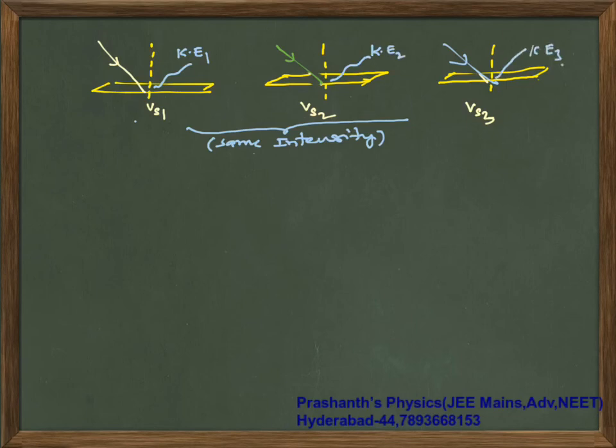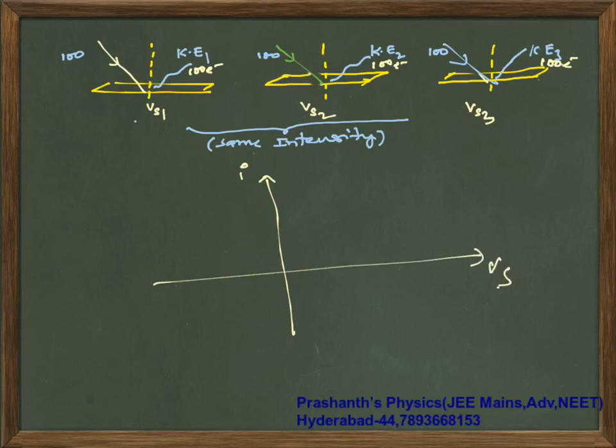Previously also the ejected electrons' kinetic energy was different, but the same intensity indicates the same number of incident photons. If 100 photons are striking here, also 100 here, also 100 here, then obviously 100 electrons are coming out of each. Now if you try to draw the graph of current versus stopping potential, your photocurrent will be the same, because of the same number of electrons: Q is equal to Ne by t.